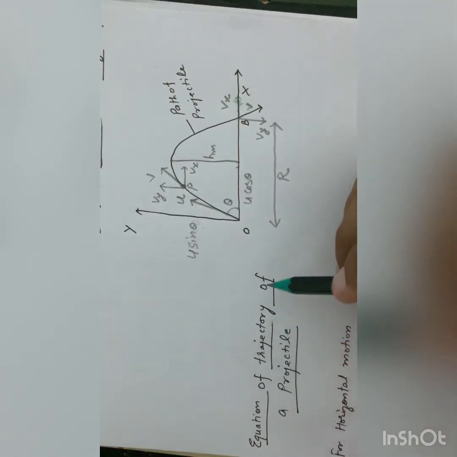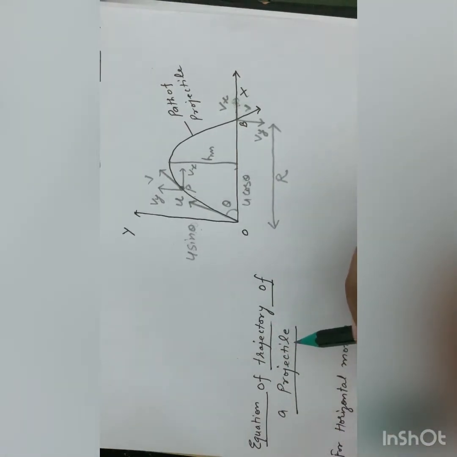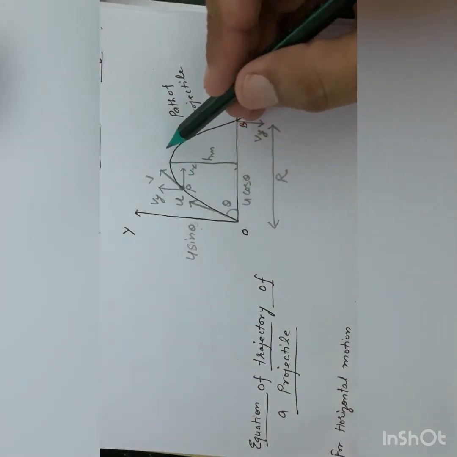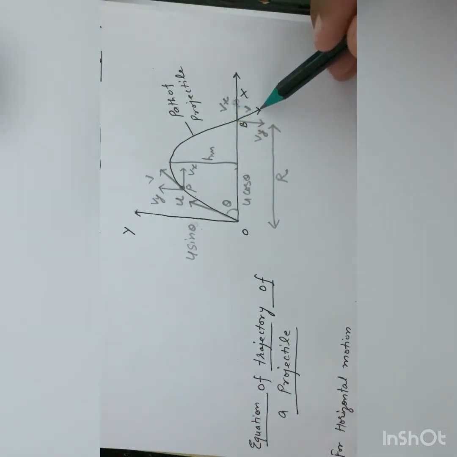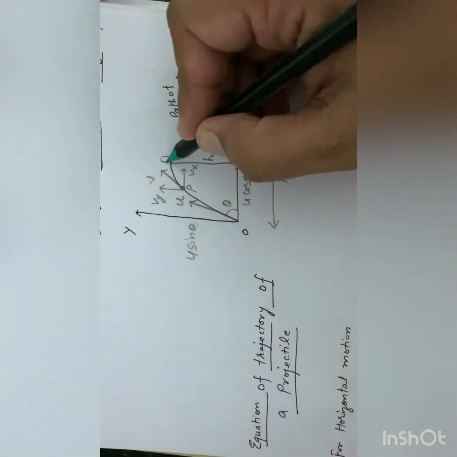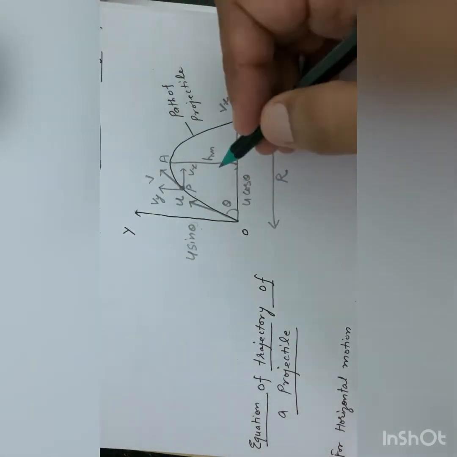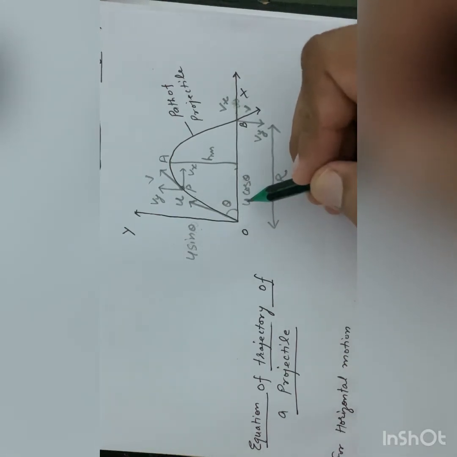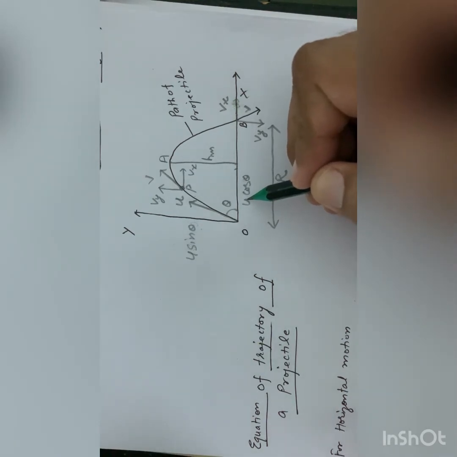Equation of trajectory of a projectile. Here we see the trajectory of a projectile, and this is the highest point, say A. The horizontal component of velocity, u cos θ, remains constant throughout the motion.